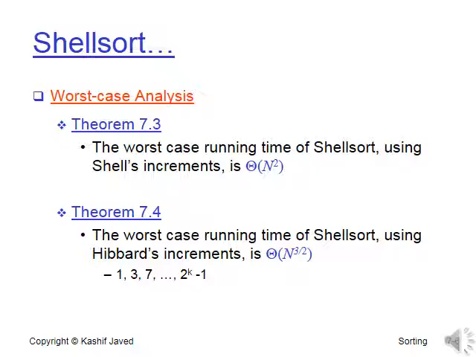The average performance of Shellsort with the Hibbard sequence increments is conjectured to be order n to the 1.25. For mid-sized data, like fewer than 5,000 elements, Shellsort is nearly as good as, if not better than, faster O(n log n) sorts.